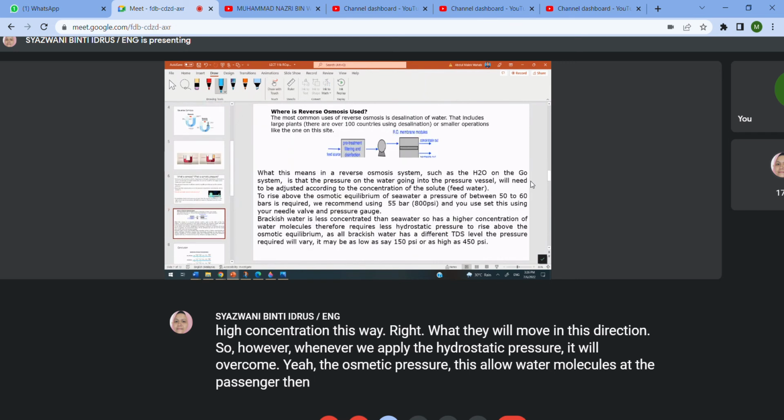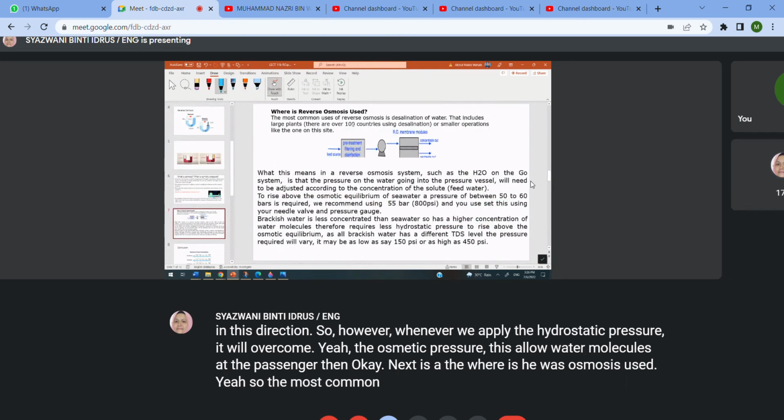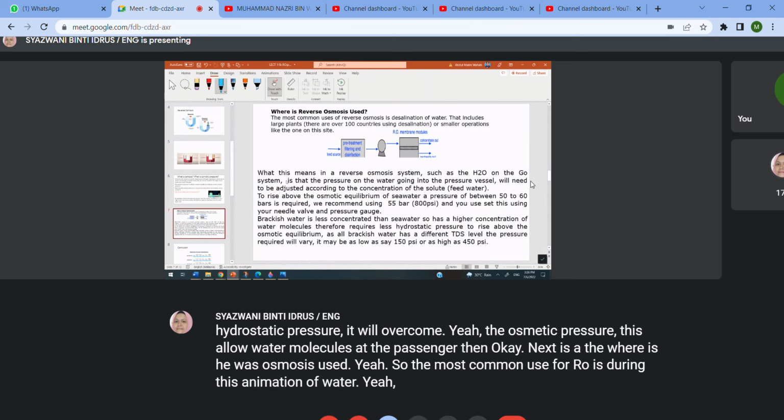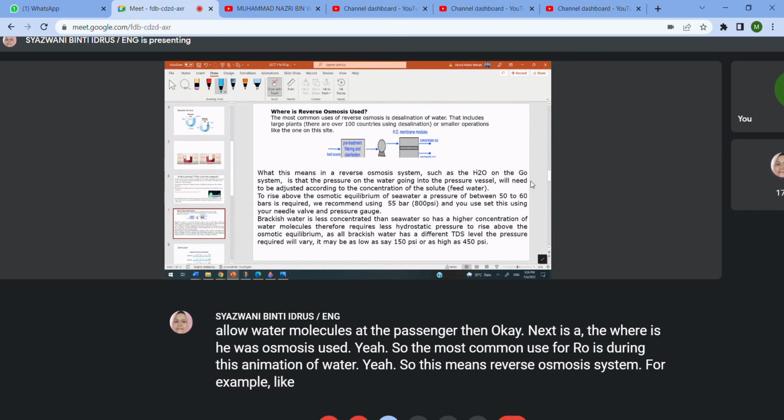Okay. Next, where is reverse osmosis used? The most common use for RO is in the desalination of water. This means in a reverse osmosis system, we consider the pressure of water going into the pressure vessel.